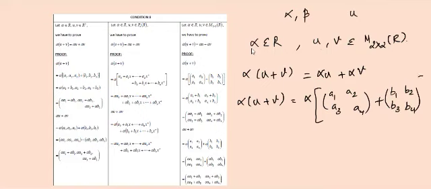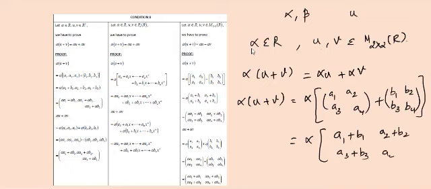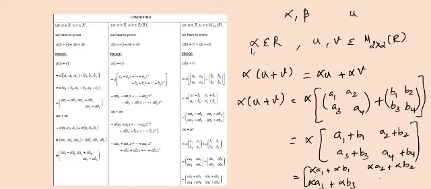So I will be adding these two component-wise: A1 plus B1, A2 plus B2, A3 plus B3 and A4 plus B4. Now I will be multiplying alpha inside, so that I will be getting alpha A1 plus alpha B1, alpha A2 plus alpha B2, alpha A3 plus alpha B3, alpha A4 plus alpha B4.